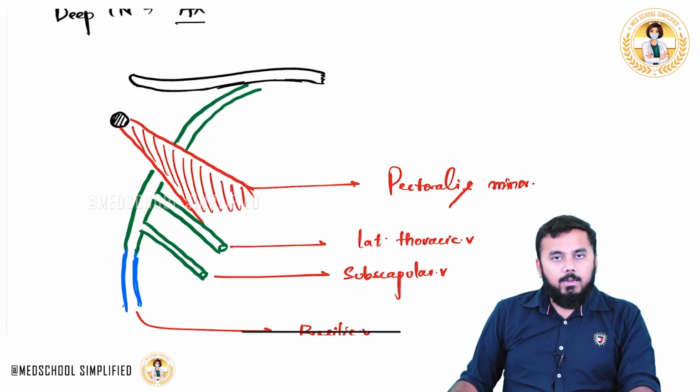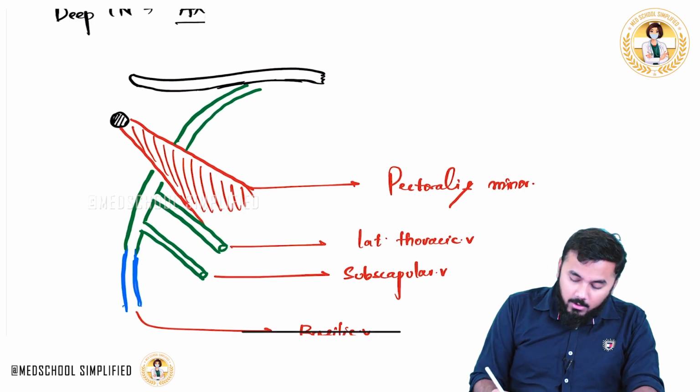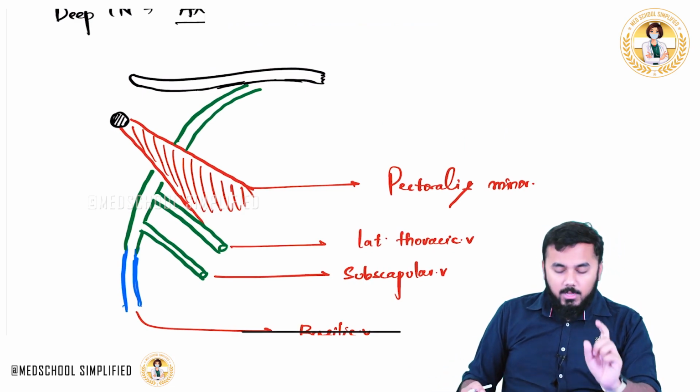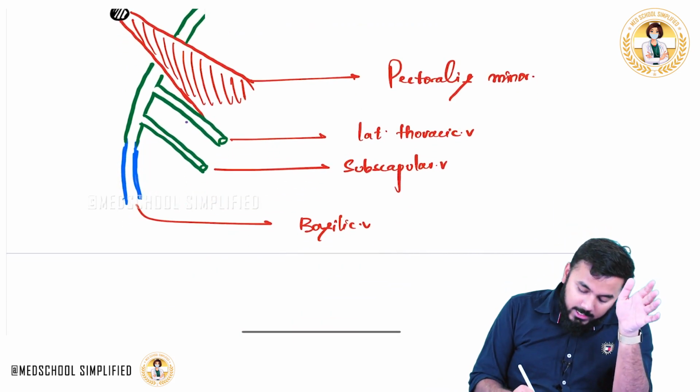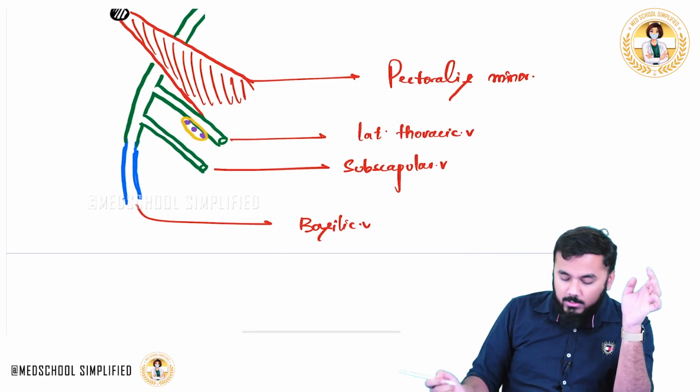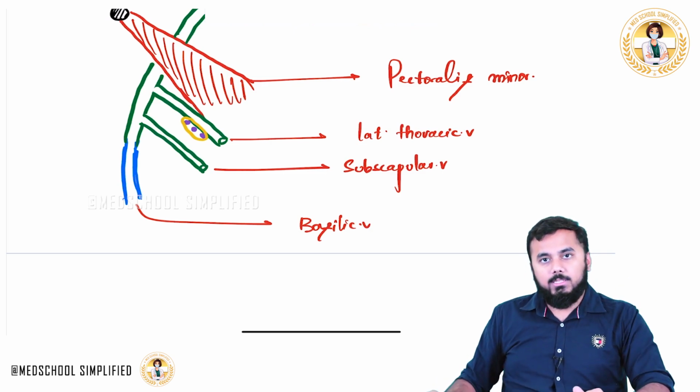Now let us look at the lymph nodes here. Now what are the different types of lymph nodes? First important thing, you will see a group of lymph nodes located along this vein. What is this vein? This vein is called the lateral thoracic vein.